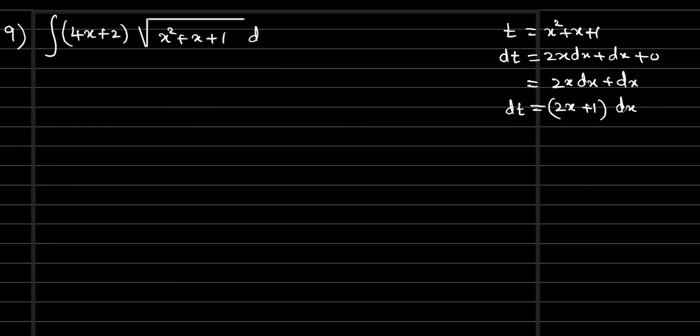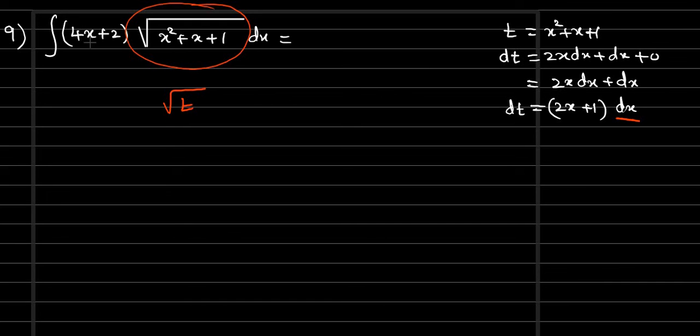Okay, so the question is this one, right? Integral 4x plus 2 square root of x square plus x plus 1. So basically this part we can write as root t. Okay, so dx, yeah, we have dx. With the dx, is that 2x plus 1 getting multiplied? If it's not multiplying, using this condition, we need to change in terms of t.